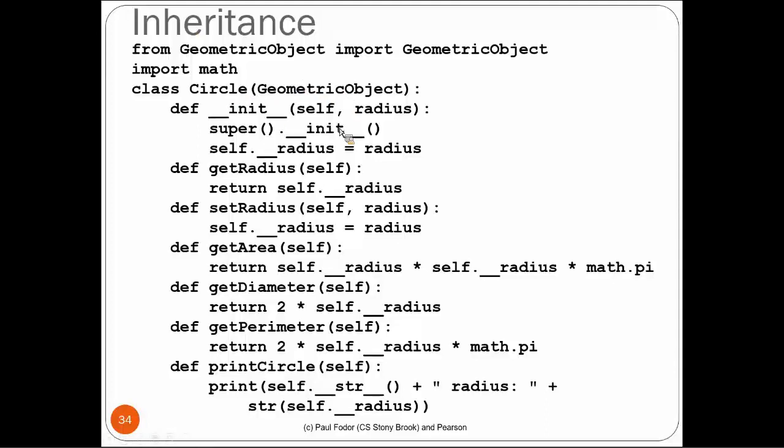If we want to call the super constructor for that specific class, we call super.init, which will call the super constructor. In this example, I renamed the radius to underscore underscore radius, and it implements exactly the same program that we saw before. It basically implements the class circle.